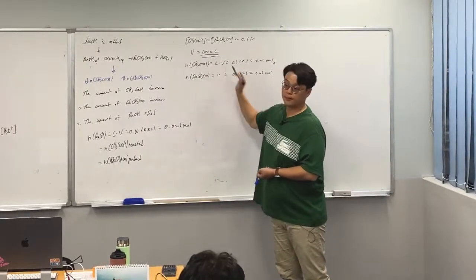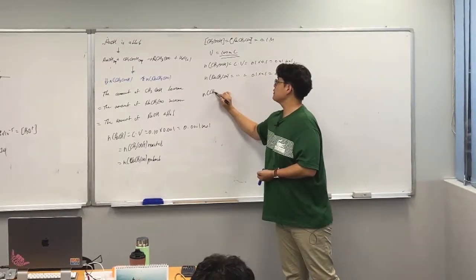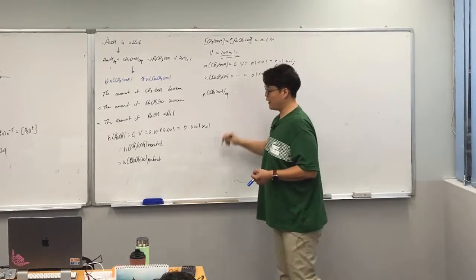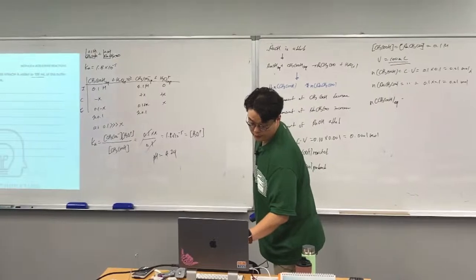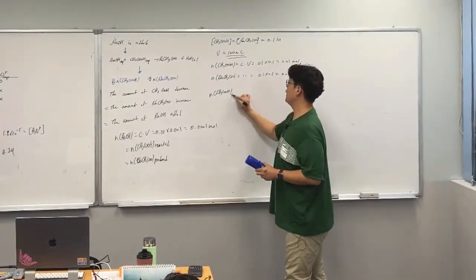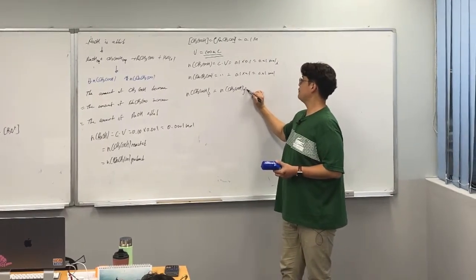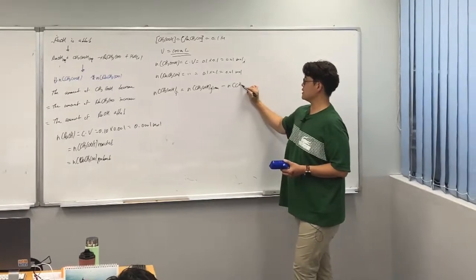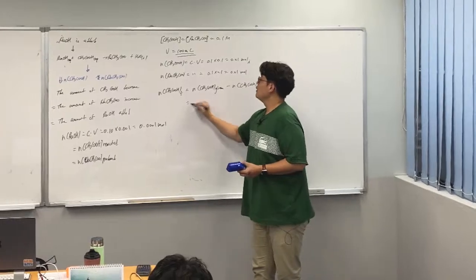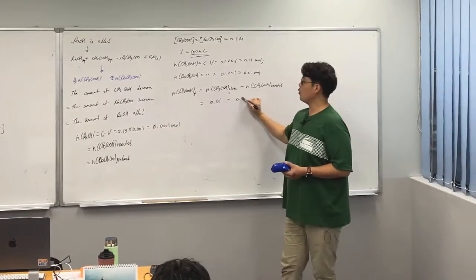Then the amount of the acetic acid in the final, at the equilibrium, or the final I should say, is N of the acetic acid you're given minus N of the acetic acid that's reacted, which is 0.01 that's given minus 0.0001 mole.